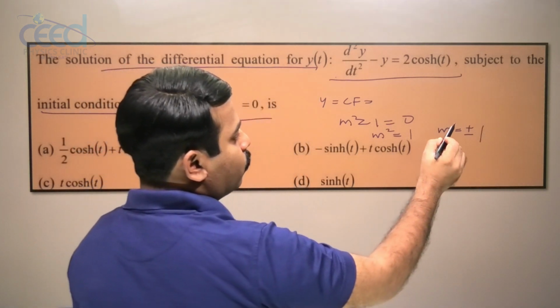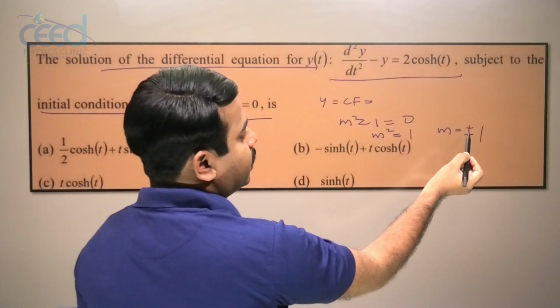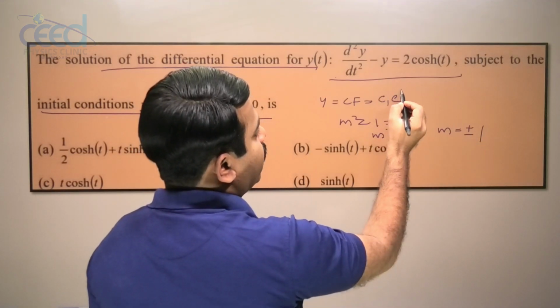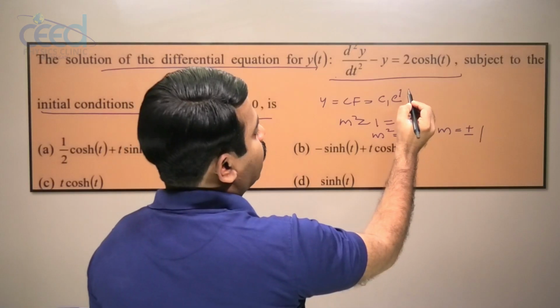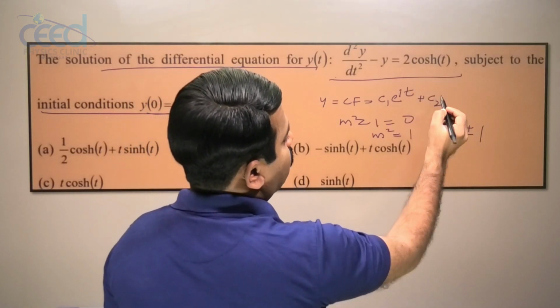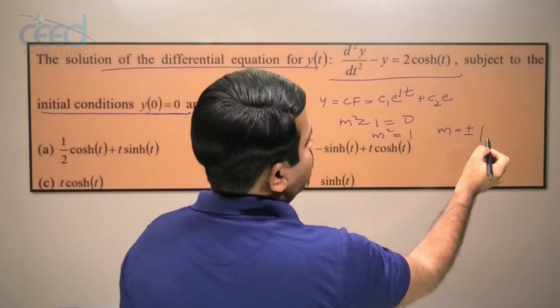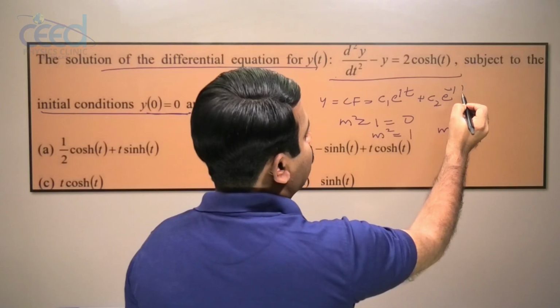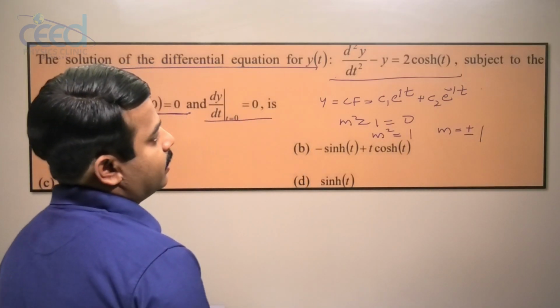If the roots are different, we write y equal to c1 e raised to t plus c2 e raised to minus t, with respect to t only.